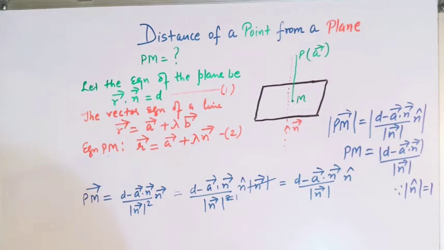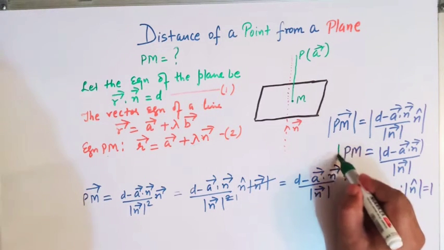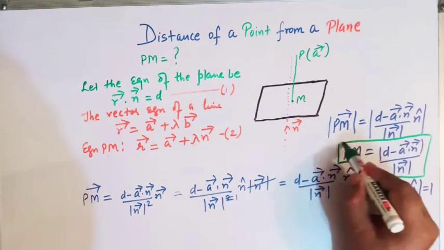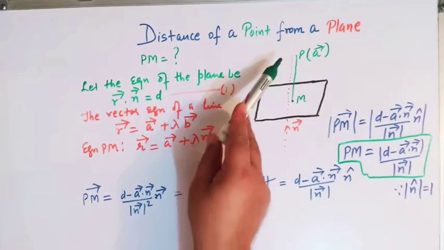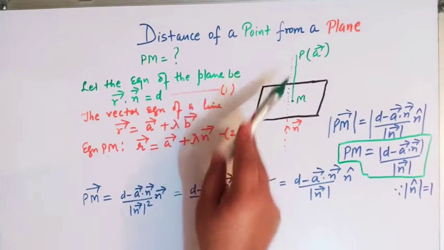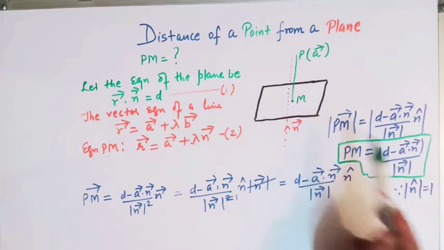So viewers, this is the final expression for the perpendicular distance of a point P from this plane.